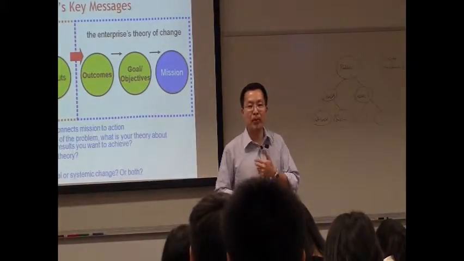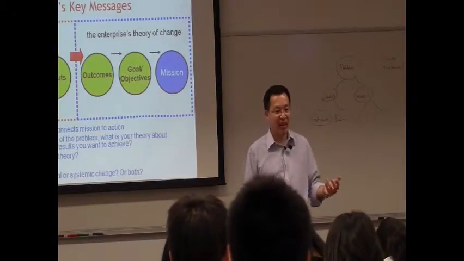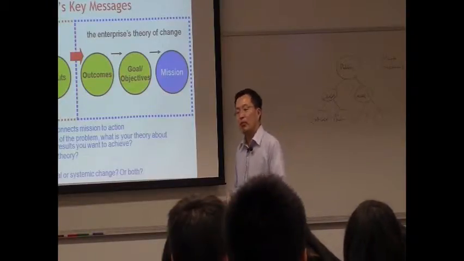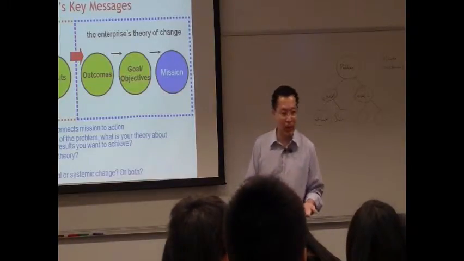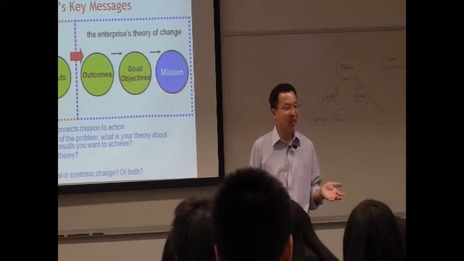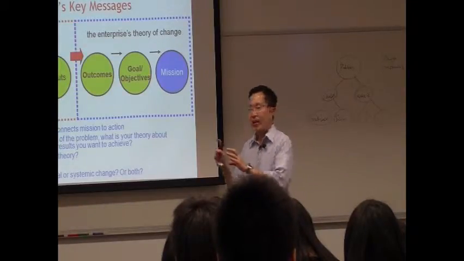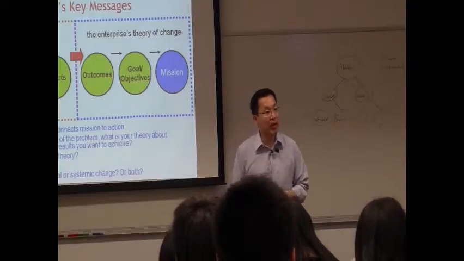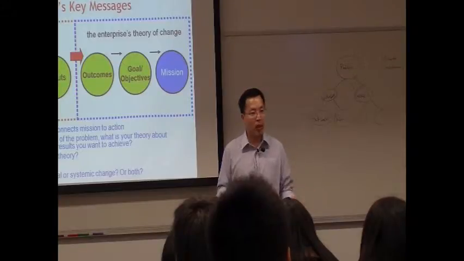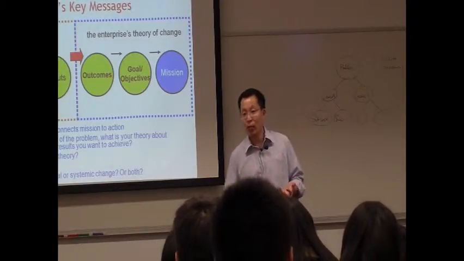What do we mean by outputs? Number of customers, maybe. Number of people you help. For example, if you are a healthcare social enterprise, you want to target for children health. Okay, so you have a very focused target group of children, and then you will provide them with a free healthcare checking diagnosis, or you may provide them with accommodations to help them to recover.